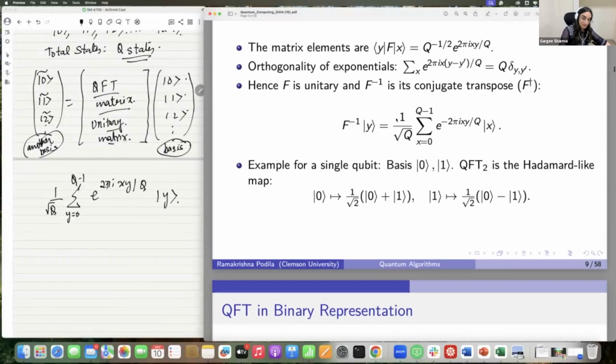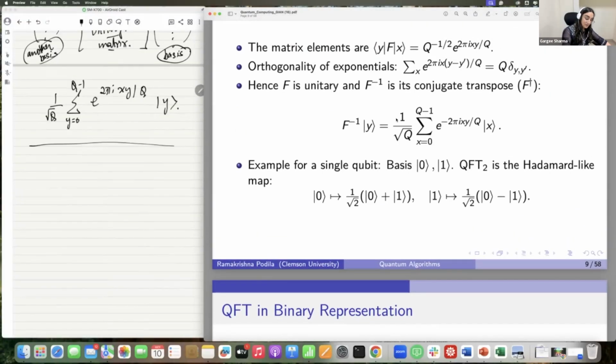Now let's do it for a single qubit. If you have a single qubit, that means you have just two states, 0 and 1. Let's say you want to find the Fourier transform of 0. So 0 tilde is going to be 1 over square root 2, and let's apply this formula. What do you get?